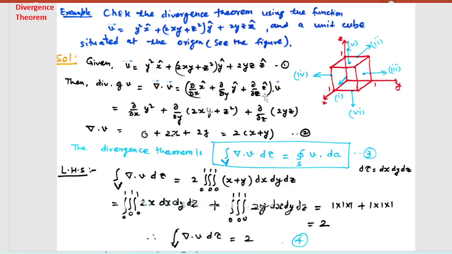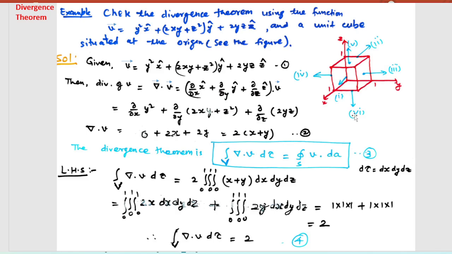So if this theorem is to be satisfied, then the right hand side should also come to 2. But the right hand side is the surface integral of this for the cube. We have 6 surfaces, so this surface integral will be the addition of the total flux from all the 6 surfaces.